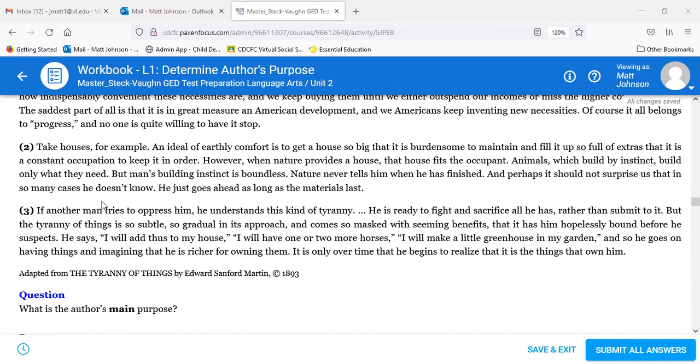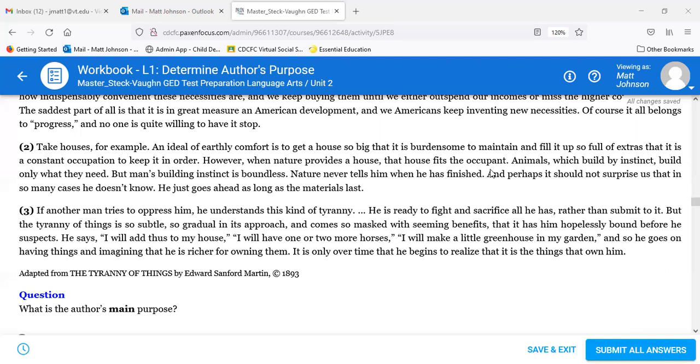However, when nature provides a house, that house fits the occupant. Animals which build by instinct build only what they need. But man's building instinct is boundless. Nature never tells him when he has finished. And perhaps it should not surprise us that in so many cases he does not know. He just goes ahead as long as the materials last.